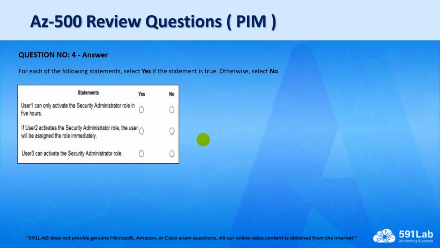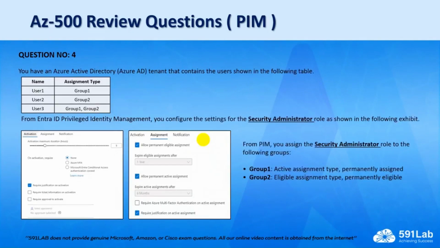The last statement says user 3 can activate the security administrator role. Look at the options. User 3 is a part of group 1 and group 2 both. And group 1 says the assignment type is active. And we know the moment you choose the assignment type as active, then the role is going to be permanent with that user.